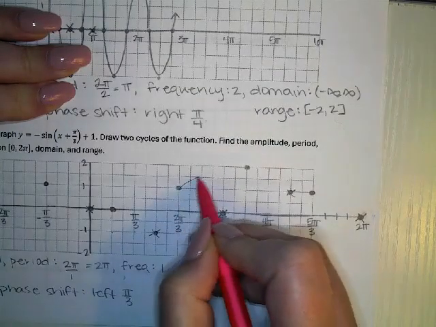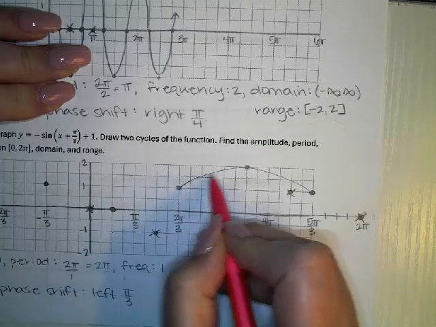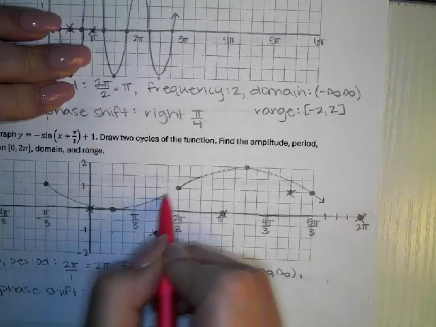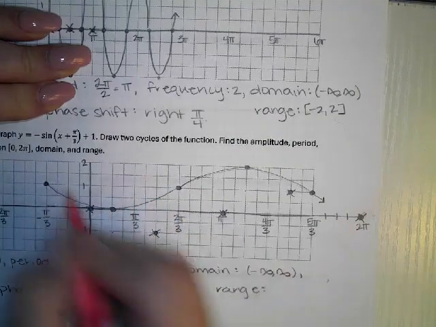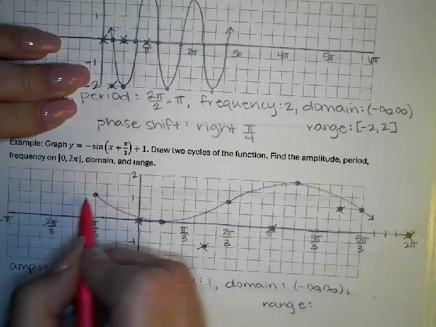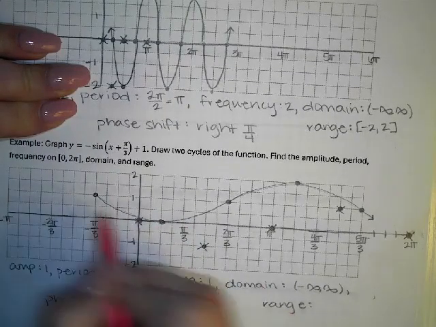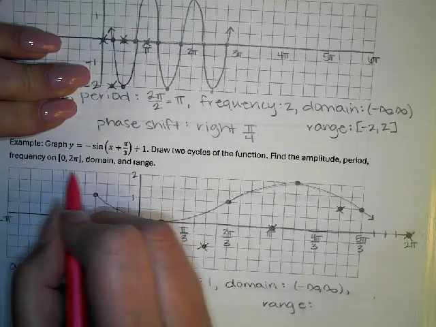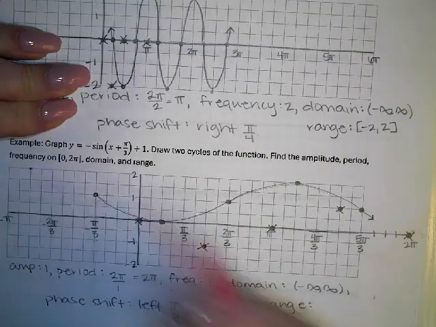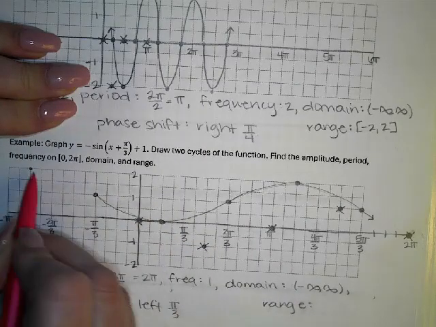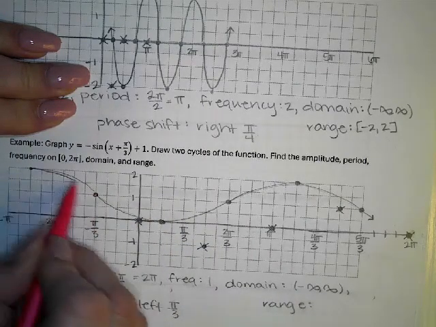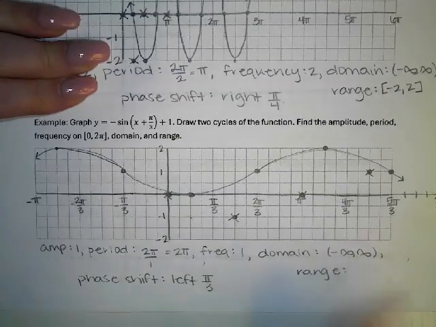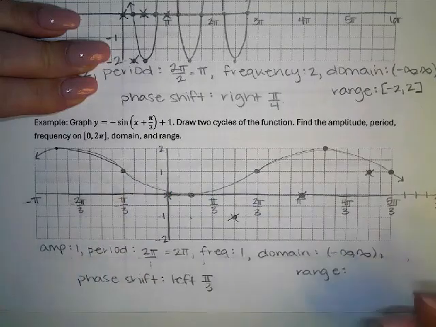Okay, so here is one full cycle, and this is 2 and then 6, so 2 and then 6. So hard to draw much more than that. The range is from 0 to 2.